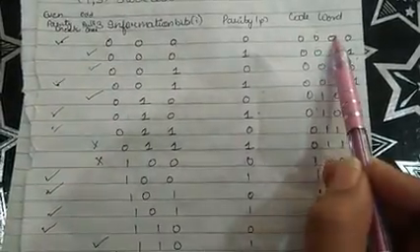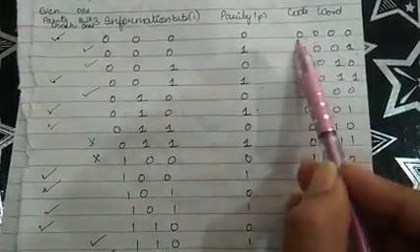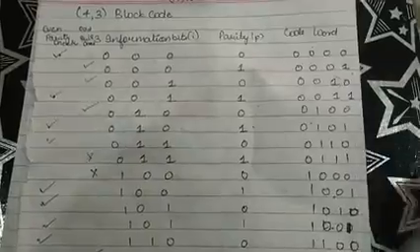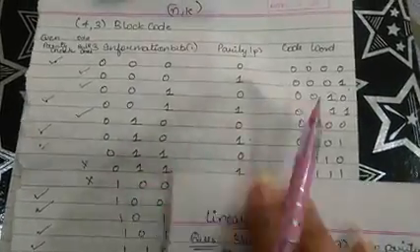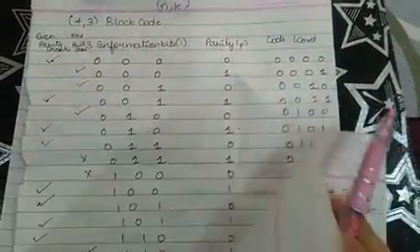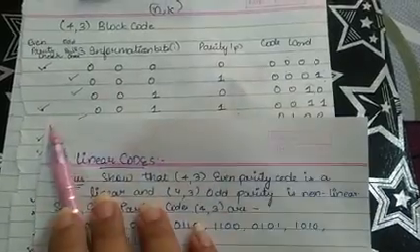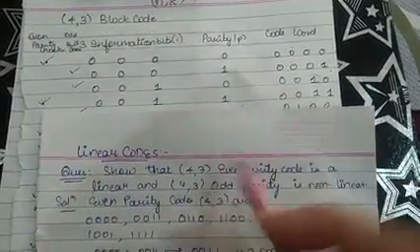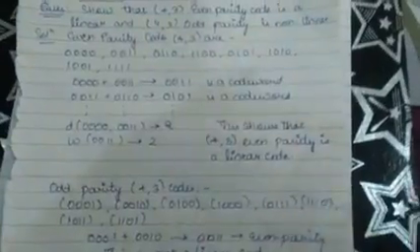0000, 0011, I can compare these. Then 0101, 0110, 1001, 1010, 1100, 1111. How I am writing these even parity words, I have already discussed it.